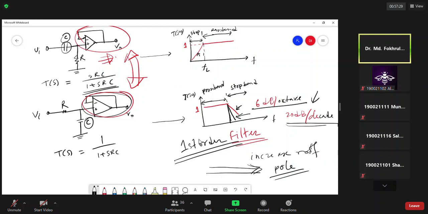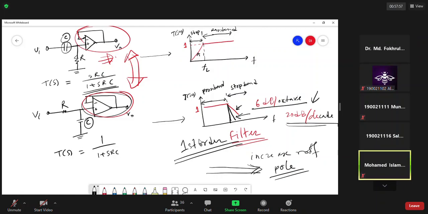If you understand the things we have discussed during our class period, then you can answer any question, inshallah. Okay, then maybe tomorrow we will discuss further the active filter for higher order, 2-pole, 3-pole, with the generalized form.